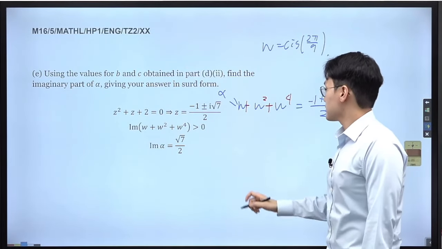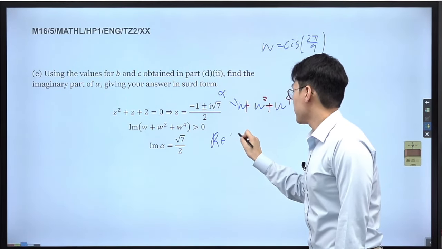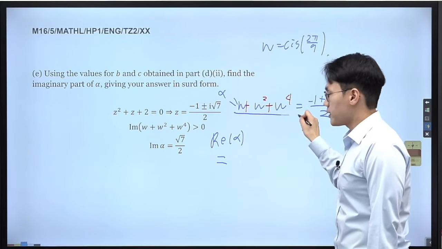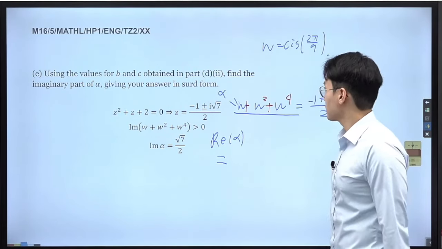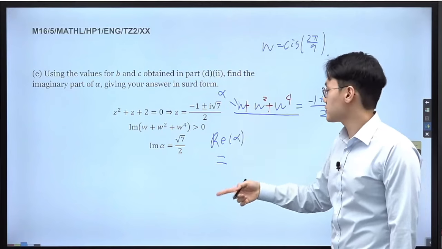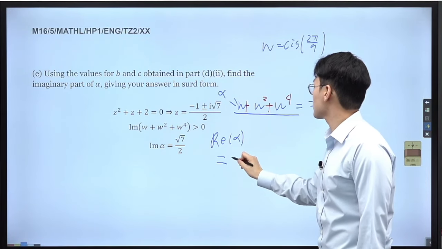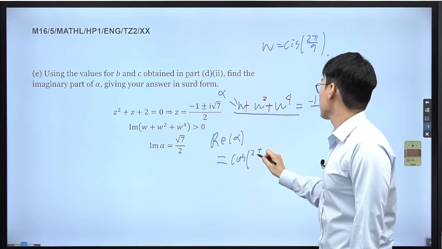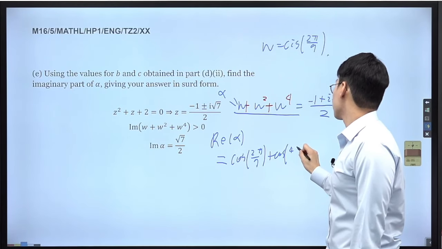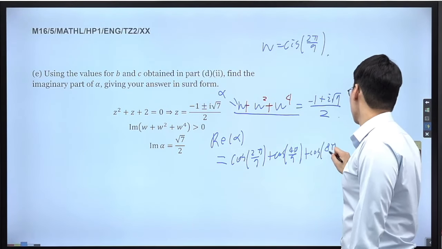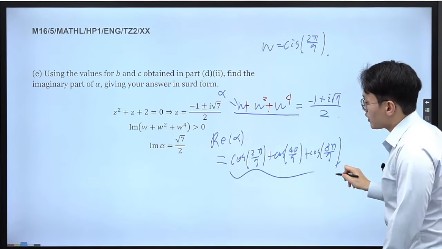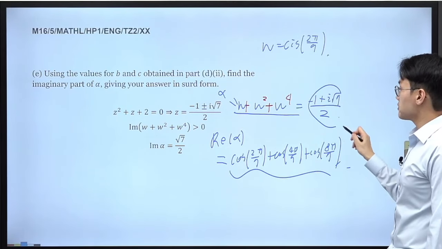And what you realize is that if you take the real part of alpha, that is going to be the real part of this omega squared, omega 4, where you can use the DMT to expand. So it's going to give you pretty much cosine 2 pi over 7, cosine 4 pi over 7, cosine 8 pi over 7, okay? But look at this. The sum of this value actually led into a complex number.